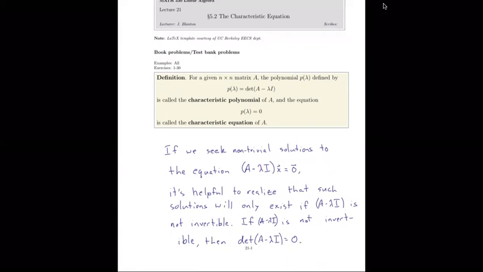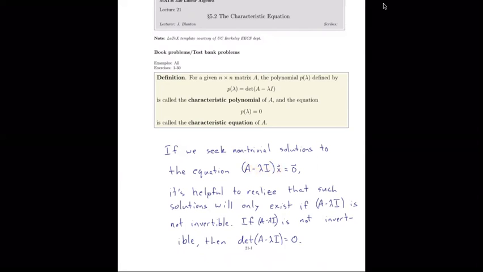In this case, we can use this fact and the fact that we're looking for non-trivial solutions to this system by realizing that if we're going to have non-trivial solutions to this homogeneous system, it means that A minus lambda I will not be invertible. So that's our key insight there. In other words, if this matrix has a non-zero solution to this homogeneous equation, then it's not an invertible matrix.